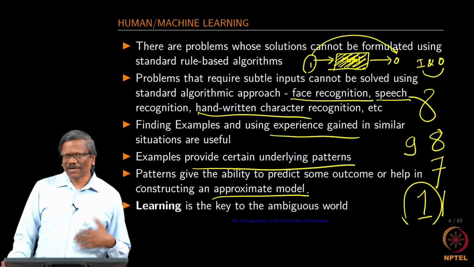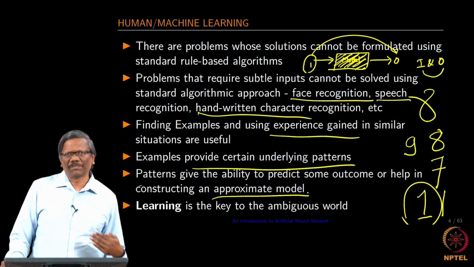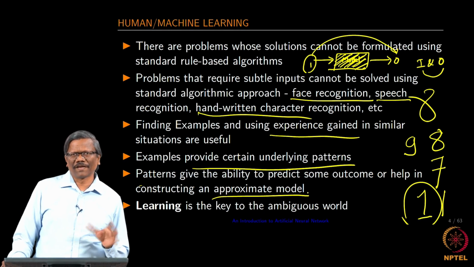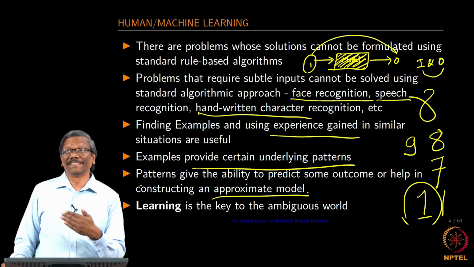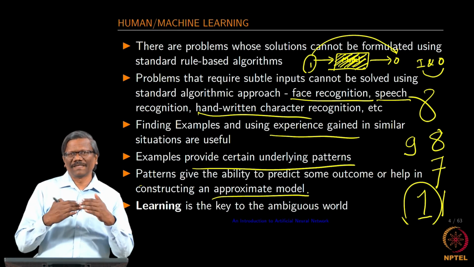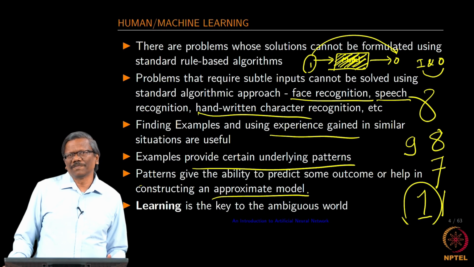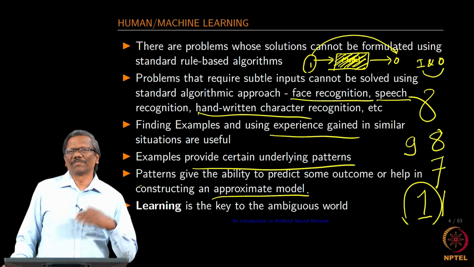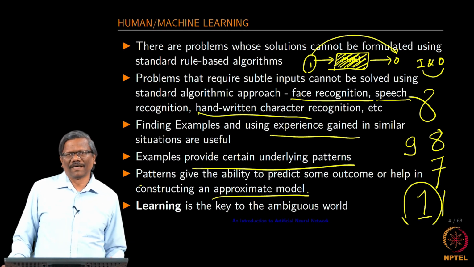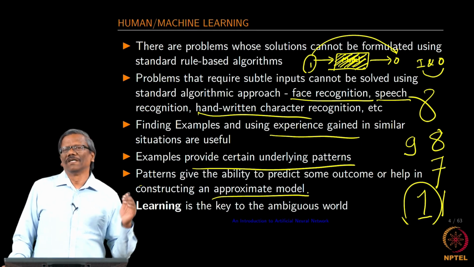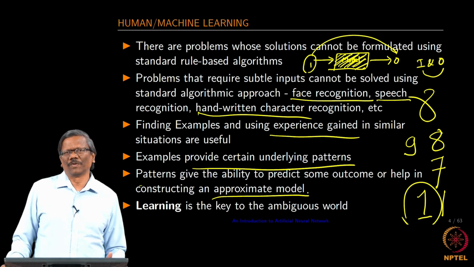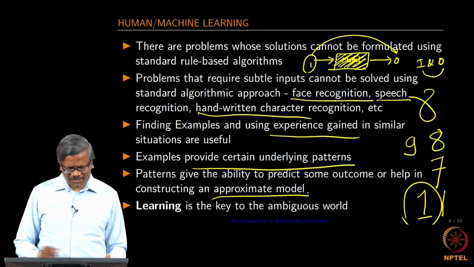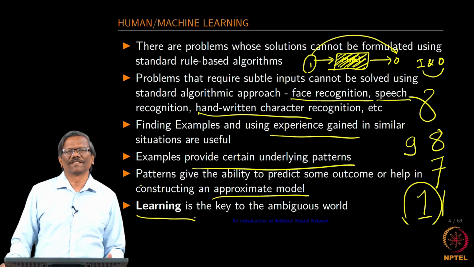So, when it starts looking at new examples and figures out that this could be one of the patterns that I had already seen, I can approximately club this particular input along with the existing patterns that I have stored as my model and slightly update the model. So, that next time when a pattern of this type comes, I can provide the output related to that pattern. That is what is called learning.